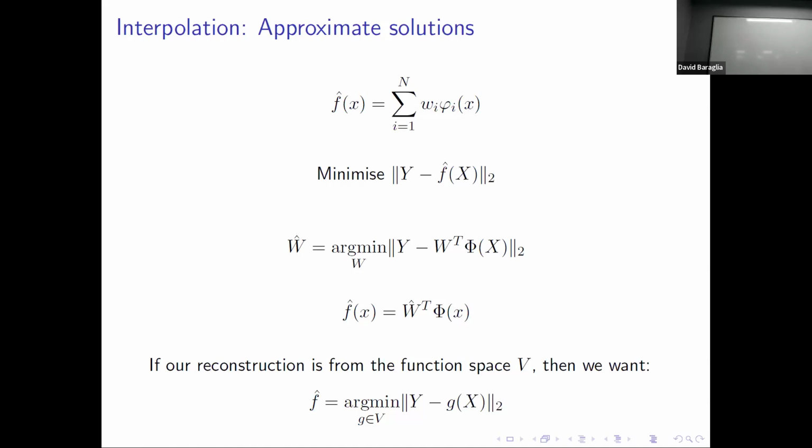We've rewritten this minimization problem in terms of those matrices and vectors that we have. And so that is just a linear regression problem. So we can apply a least squares method or some other method for solving it to find what our weights w hat should be, and then we use that to create our reconstructed signal f hat.